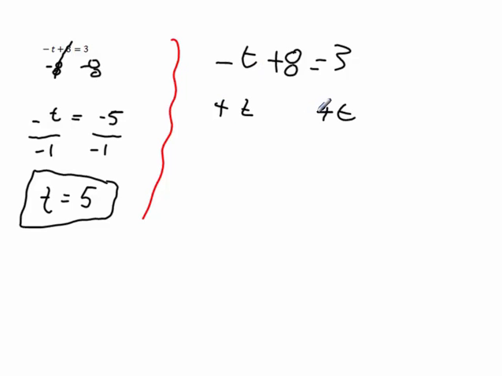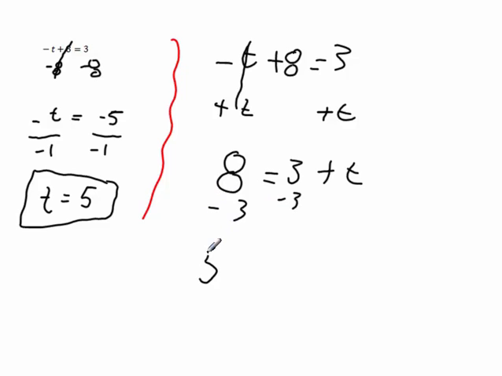So minus t plus t, that goes away. And now on the left-hand side, I'm left with 8 equals 3 plus t. And now if I subtract 3 from both sides, 8 minus 3 leaves me with 5. And now I have a positive t on the right-hand side here.